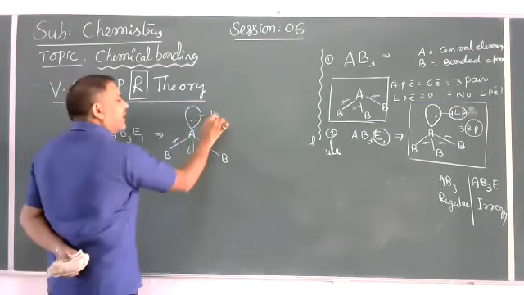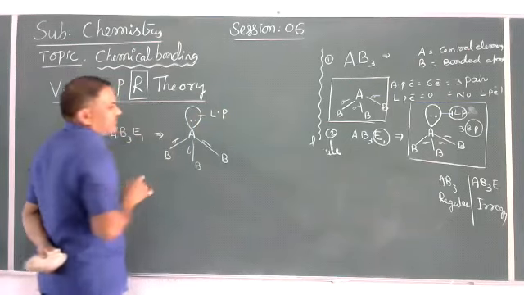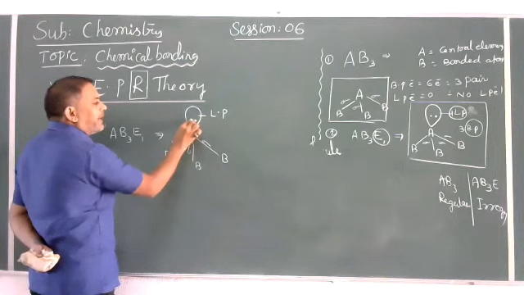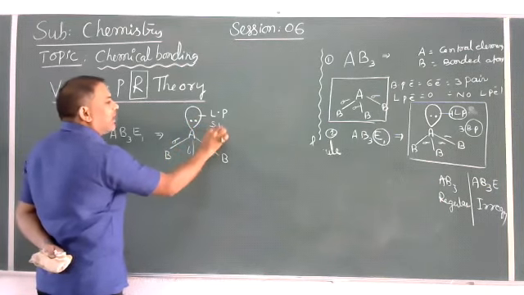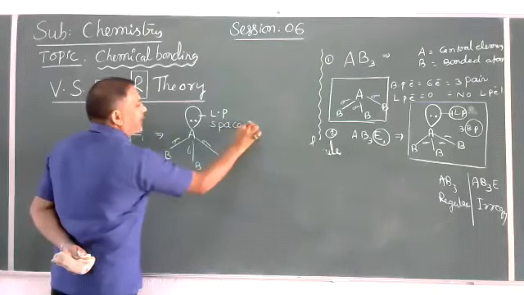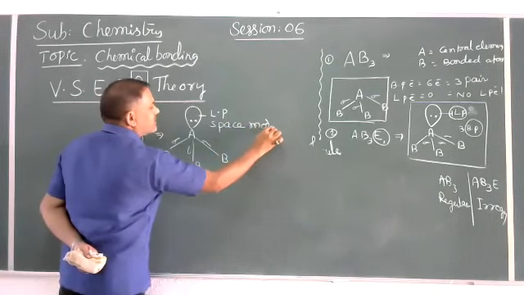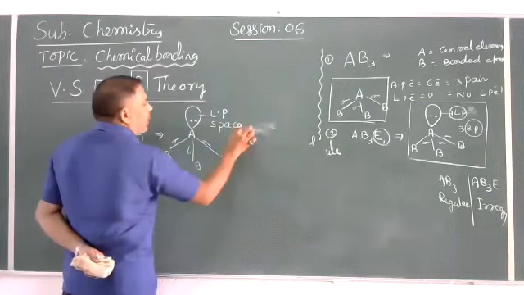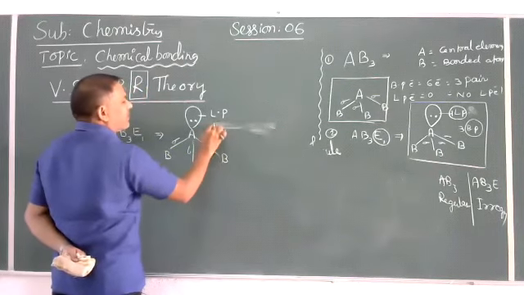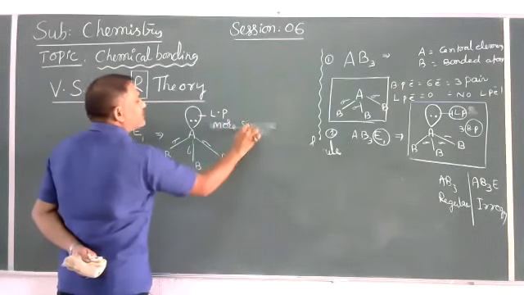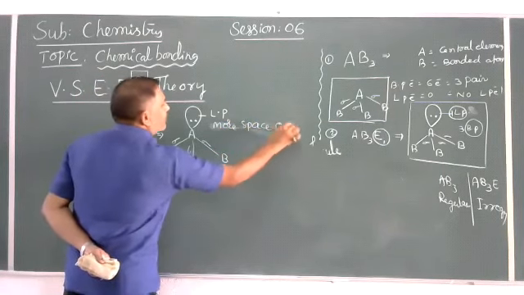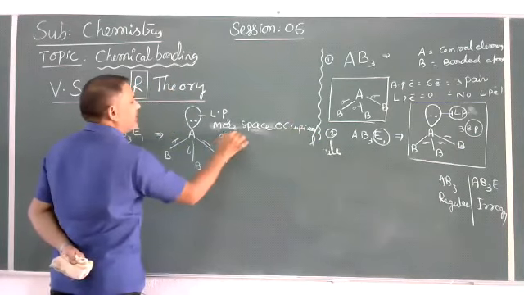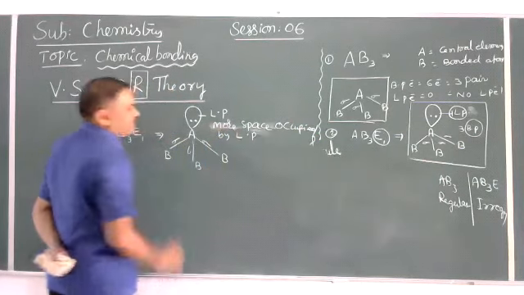Now it is a lone pair. The space occupied by a lone pair is more. More space is occupied by LP electrons.